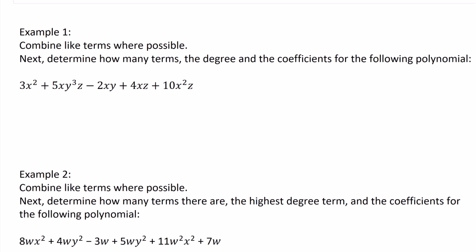If we look at the terms, without combining any, we have 1, 2, 3, 4, 5 terms. There are 5 terms because they're broken up by plus or minus signs.